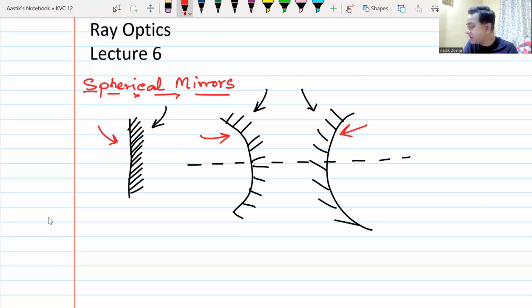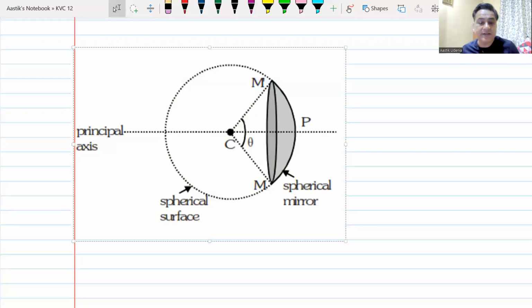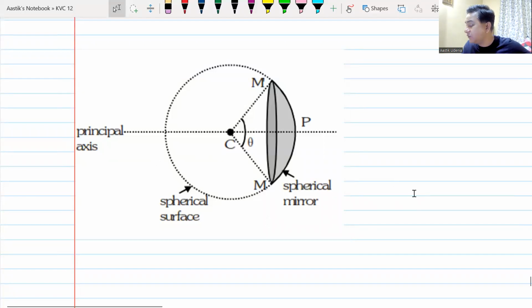They are part of a sphere. That is correct. So that is the first point that you would write. Point number 1 is spherical mirrors are nothing but part of a sphere. Can you see this sphere here?